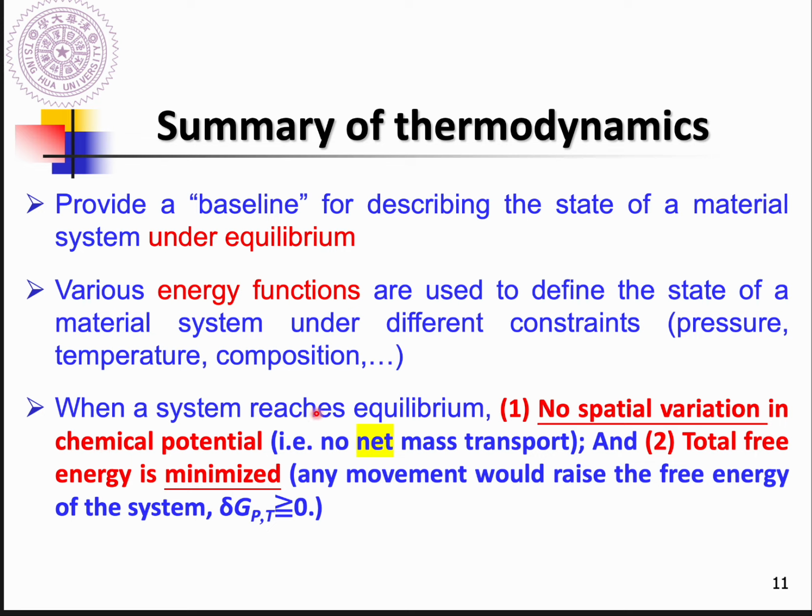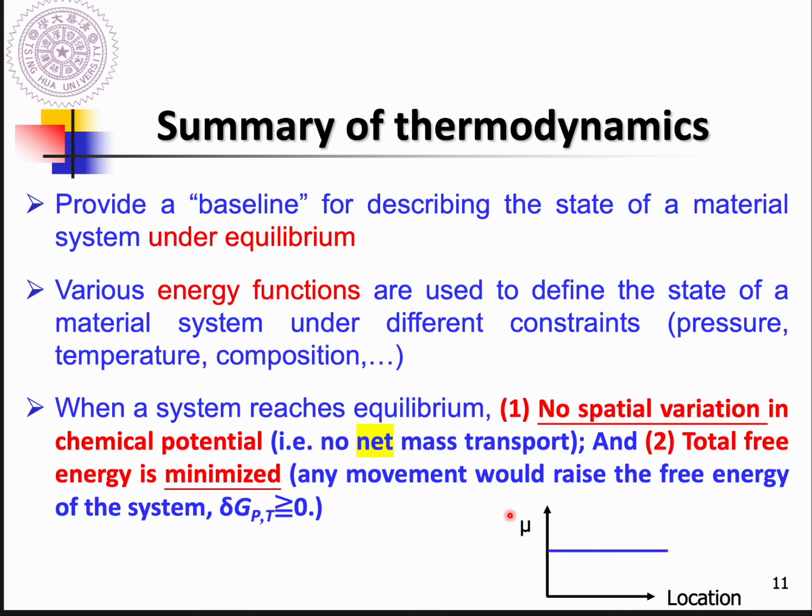And when a system reaches thermodynamic equilibrium, there are two characteristics. The first one is no spatial variation in chemical potential. What does no spatial variation mean? It tells you the chemical potential is the same everywhere.